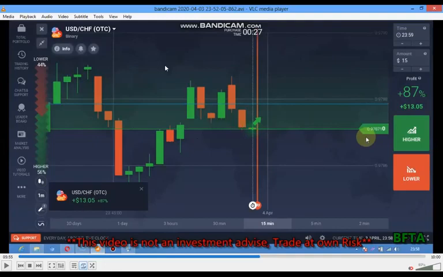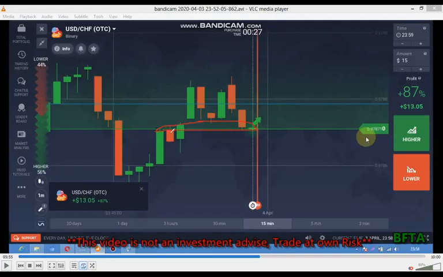Now watch where this candle closes. This candle closes exactly at that same area. From this point here, this rejection point, and this, it closed at that area. So this is the area I was focusing on.